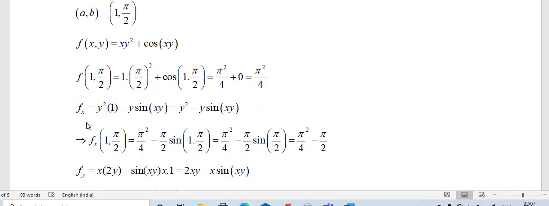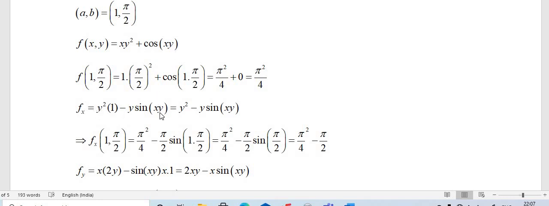Find out fx by taking y as constant. Here observe y square as it is for x 1, minus, because cos of xy differentiation is minus sin of xy. After that we want to do the angle differentiation. Here xy is there. We are doing with respect to x, that's why y is constant for x, 1. Similarly, when you do with respect to y, x is constant for y, 1.